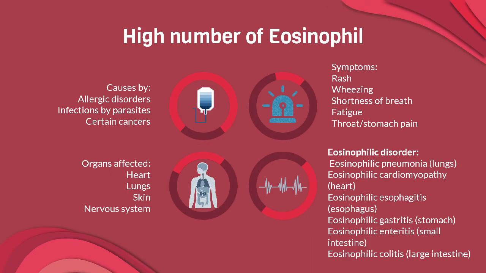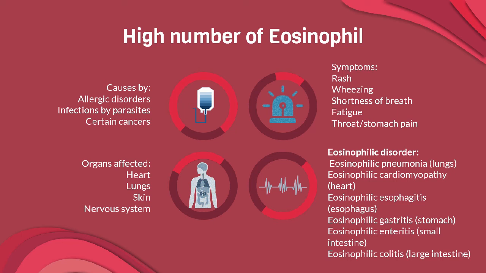The most common causes of a high number of eosinophils, called eosinophilia or hypereosinophilia, are allergic disorders, infections by parasites, and certain cancers. If the number of eosinophils is only slightly elevated, people usually do not have symptoms, and the high number of eosinophils in the blood is only discovered when a complete blood count is done for other reasons.